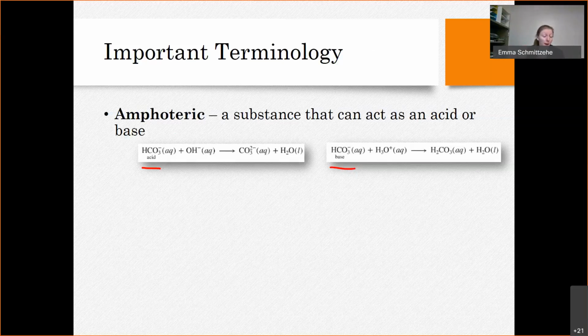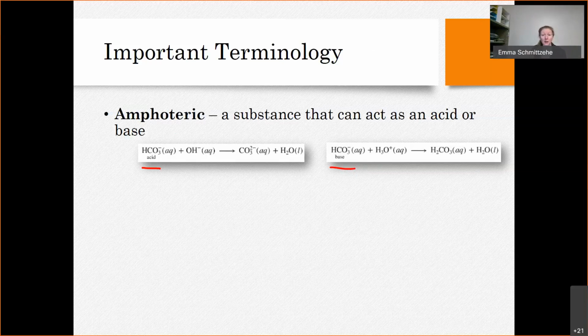This is written in the ionic form, with the spectator ions dropped. The OH minus is really going to want to pick up an H plus, and the HCO3 minus has an H plus it can give.